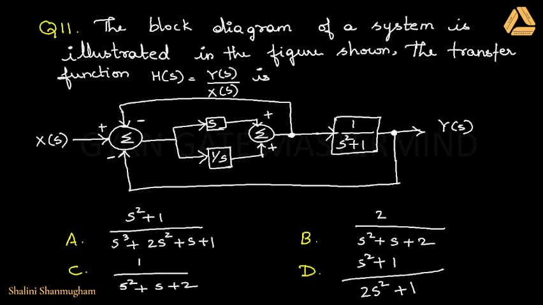Coming to the 11th problem, here they have given a block diagram and again they have asked to find the transfer function, that is, we have to find the ratio of Y of s by X of s.